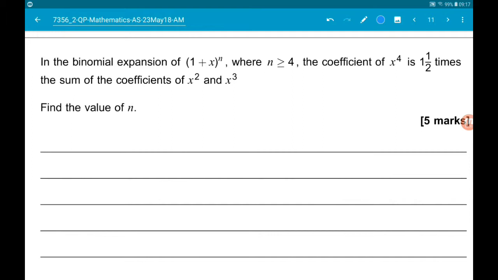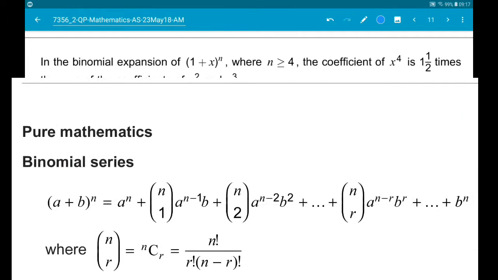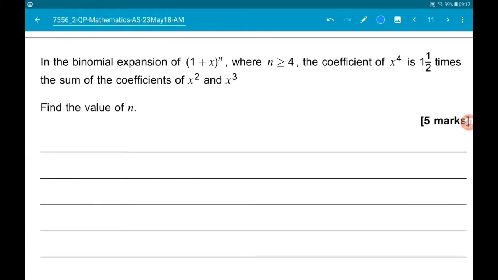Cool. So, if we check out the formula for binomial expansion, here it is from the formula book, we can see that the coefficient of x to the power 4 would be n choose 4, x cubed would be n choose 3, and x squared would be n choose 2.